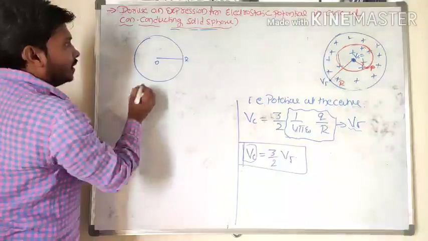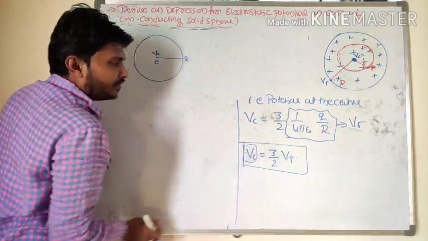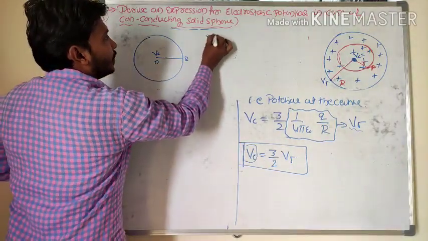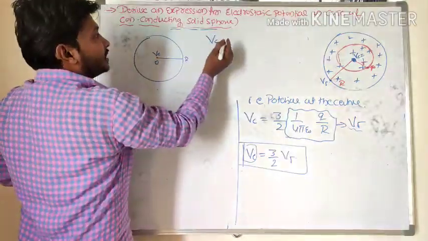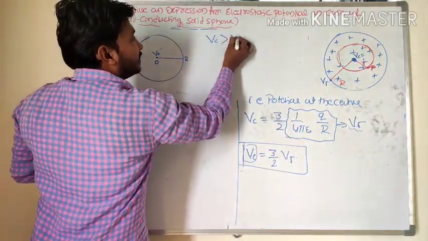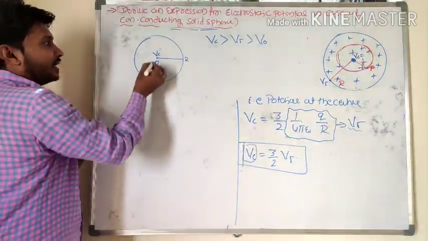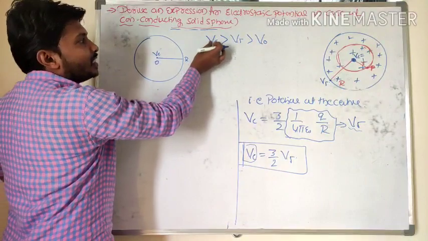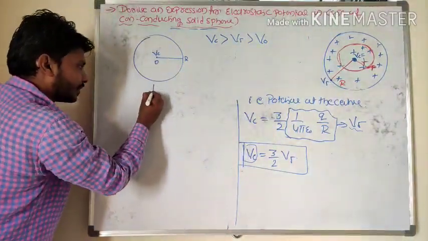Look here, V of c is 3 by 2 times V of s. It means that potential at the center of the solid non-conducting sphere is greater than at the surface, and then outside. So where will be the maximum potential? At the center. Then at the surface, and again outside.